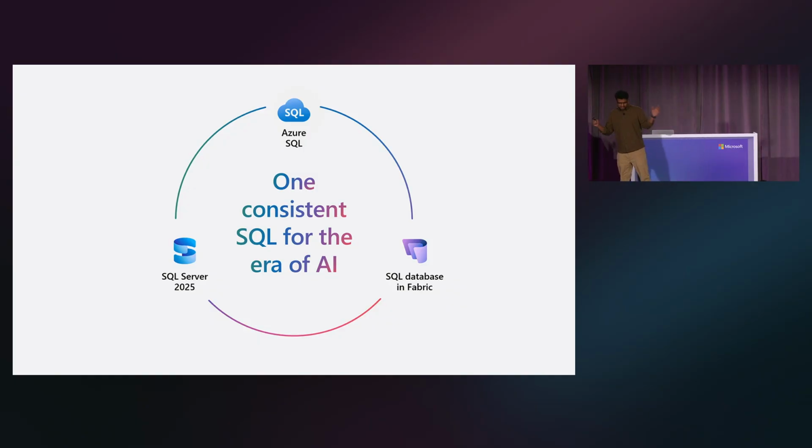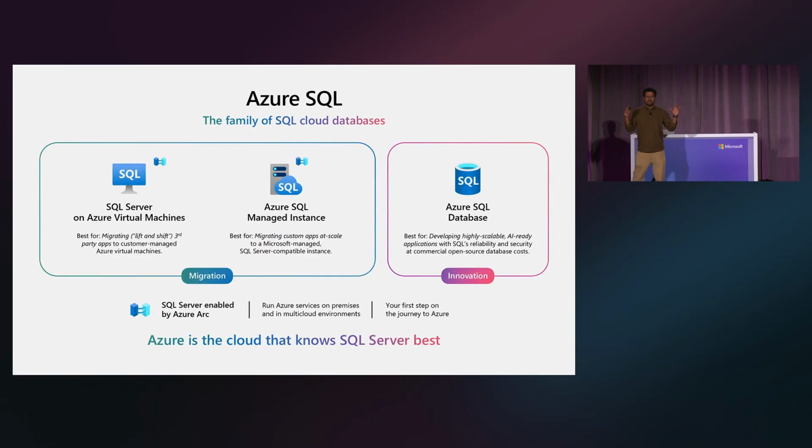And in this foray of all these editions, we have Azure SQL. This is the edition which is in Azure. Now, in Azure SQL, you have multiple varieties. One is IaaS, which is SQL Server running on Azure virtual machines. That means you are the boss.